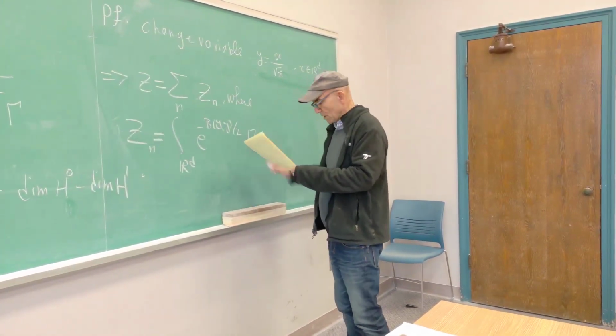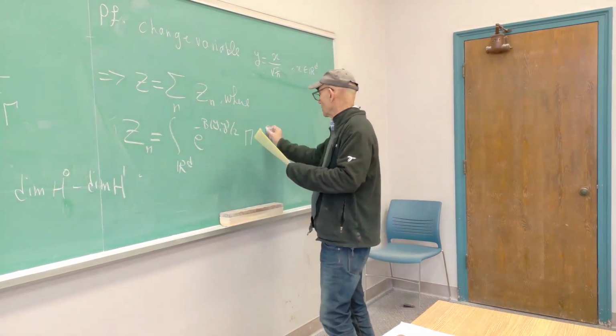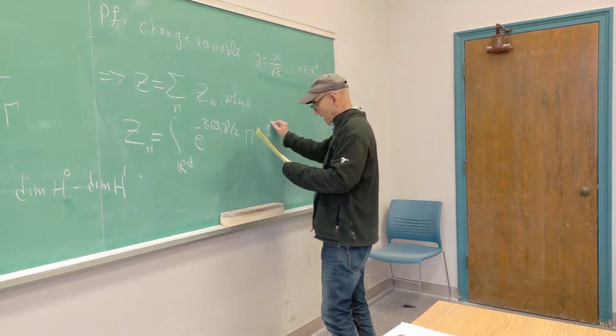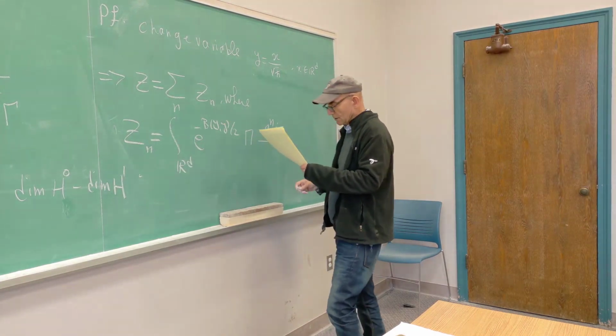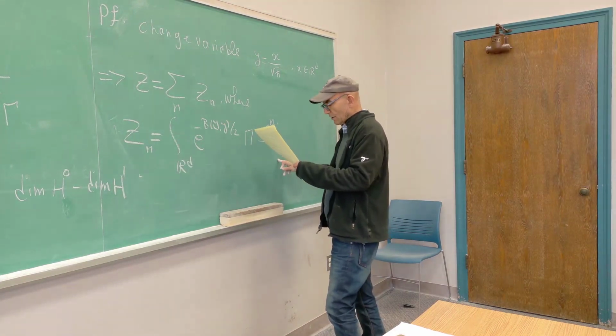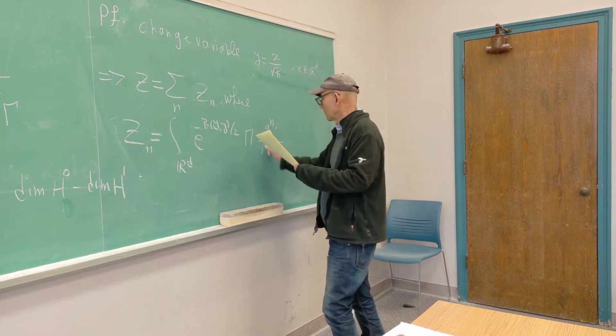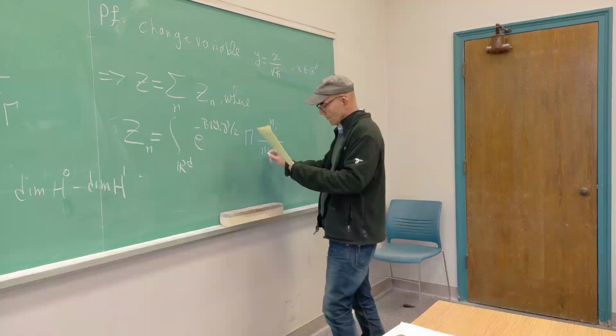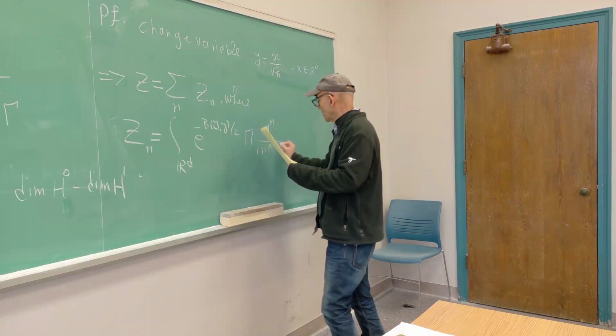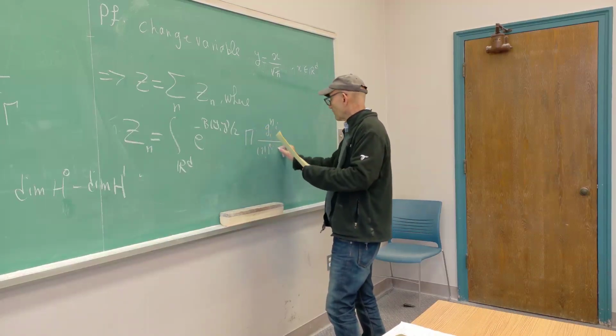This is the part that is g_i to the power n_i, and i is fixed, over i factorial to the power n_i times n_i factorial.